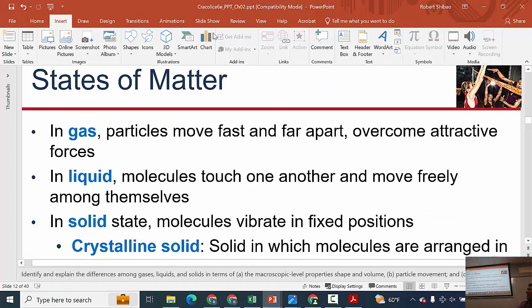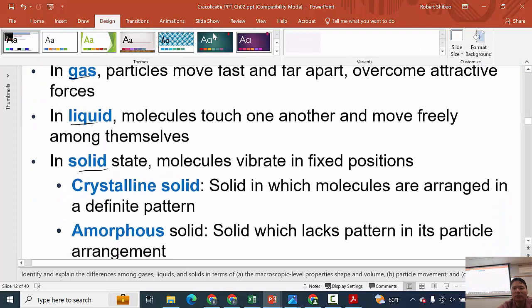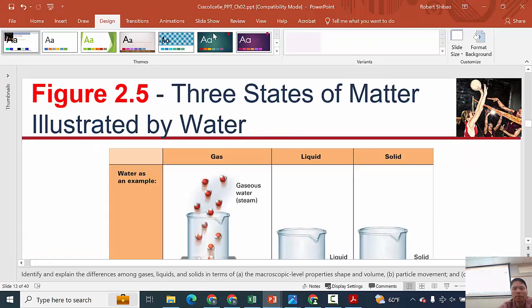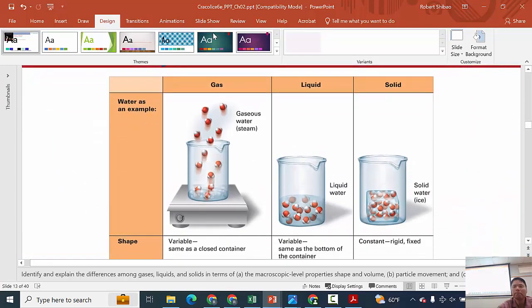So when we look at matter, the first thing we look at is what is its state. Is it a gas? This is macroscopic. Is it a liquid? Is it a solid? Gas, liquid, or solid? And there are going to be physical characteristics between those. So gases fill up the container volume.